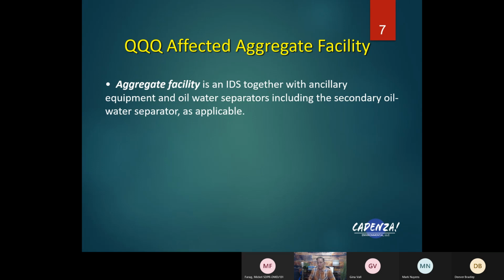But if you change, modify, I'll get into this in a moment, change things to a certain level, it requires you to ensure that you have controls on the rest of the older pieces of equipment. So that's why the term triggering is used. It basically says you now have to bring everything else up to standards.